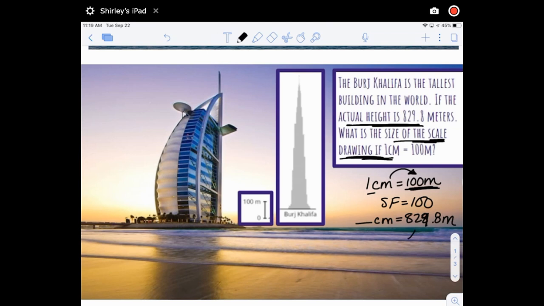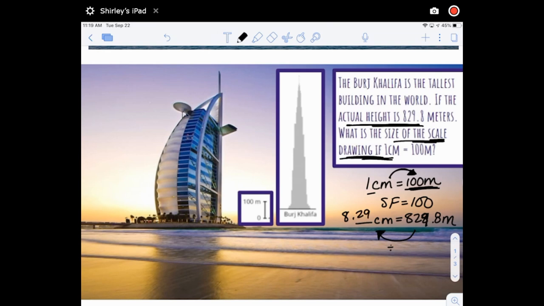I'm going from the actual size to the scale drawing. So if typically I use scale factors to multiply to scale it up, if I'm scaling down, I'm going to divide. So you should have taken that scale factor and divided by 100. You should have gotten 8.29.